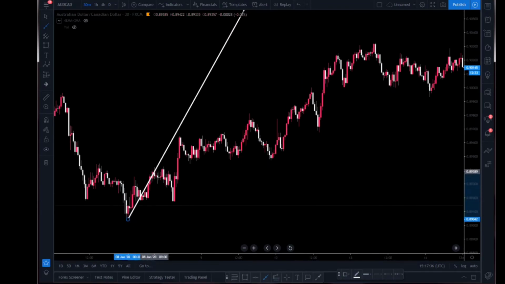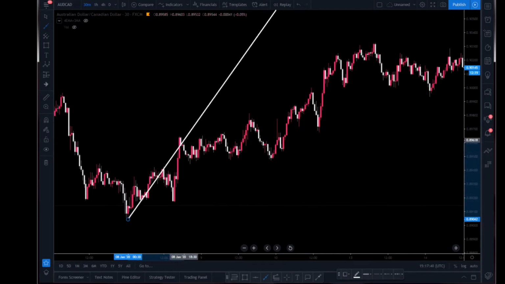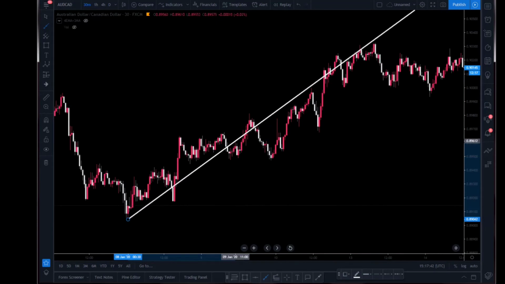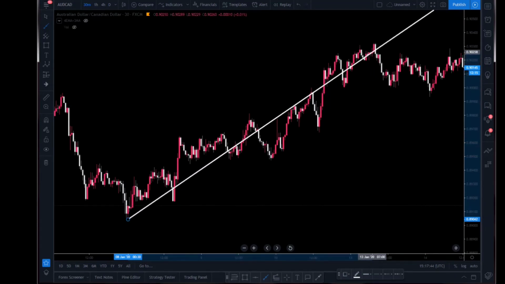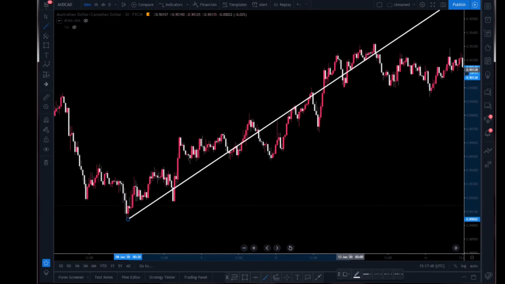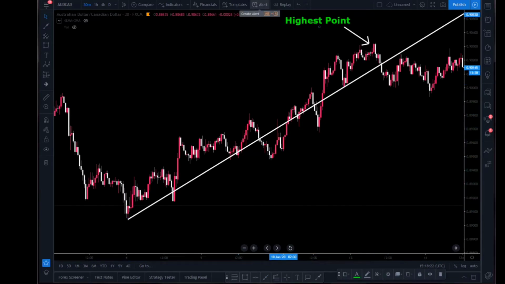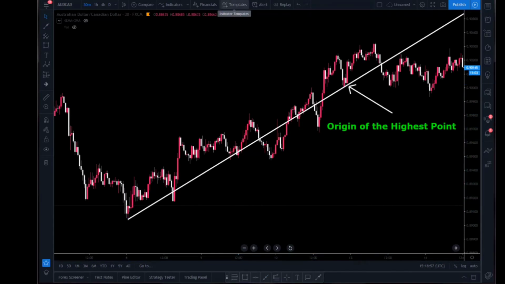So low, high, higher low, higher high, higher low, higher high, all the way until we get to the highest point, and then we drop our trend line at the origin of the highest point. Highest point, then we have the origin of the highest point.